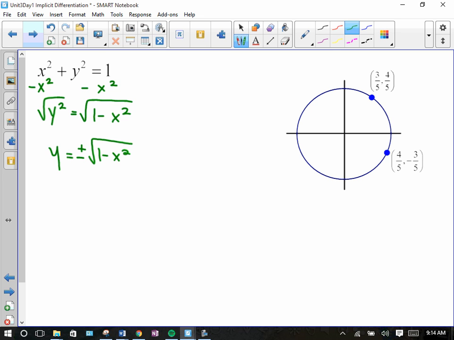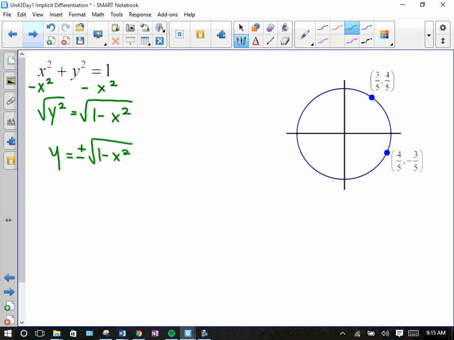And what we would now need to do is know what part of the circle we are dealing with when taking the derivative. So there's not just one derivative for this function. There's two different derivatives, and it depends on which part of the circle we are on. Are we on the bottom half or the top half? Okay? So that would start getting really tricky.